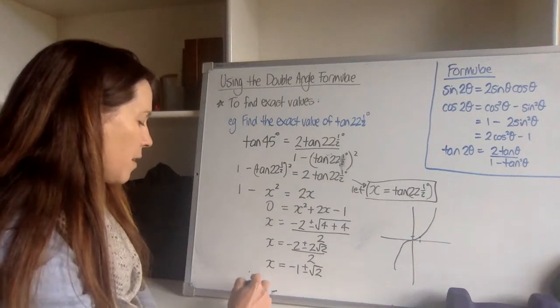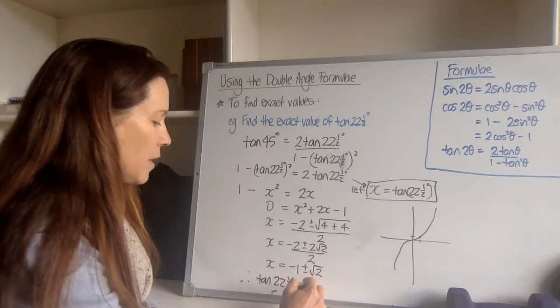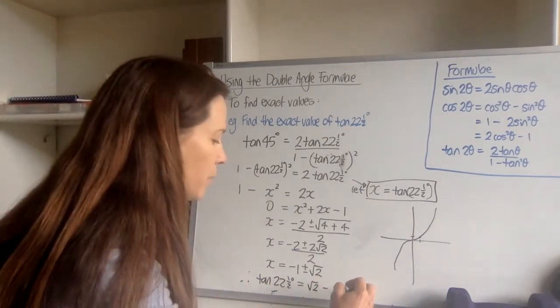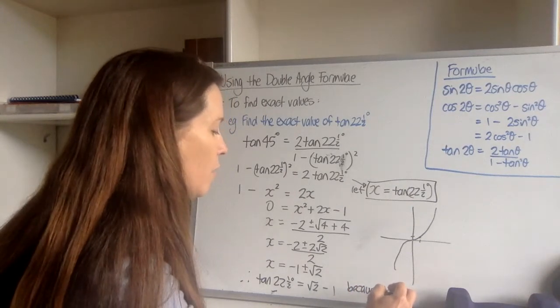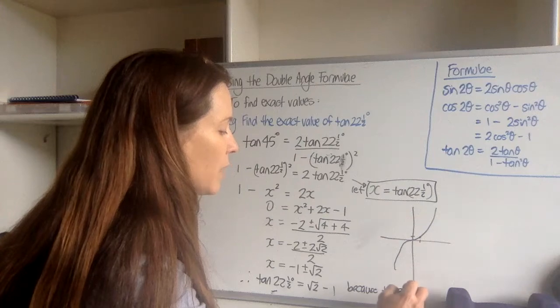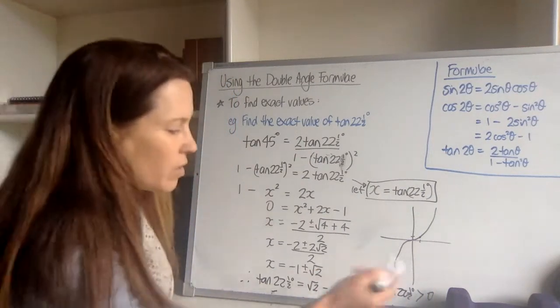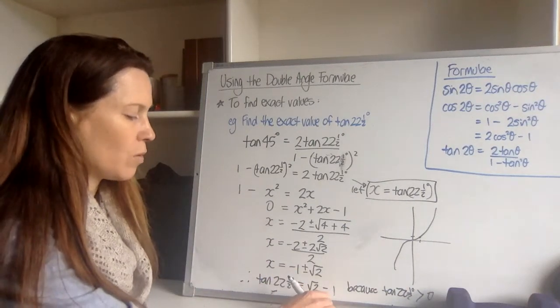So therefore I'd say that tan of 22.5 degrees is equal to root 2 minus 1, because we know that tan of 22.5 degrees is greater than 0. And I just write that like that. It's positive, so it's greater than 0. And so there we've solved it. We've got an exact value. It's root 2 minus 1.